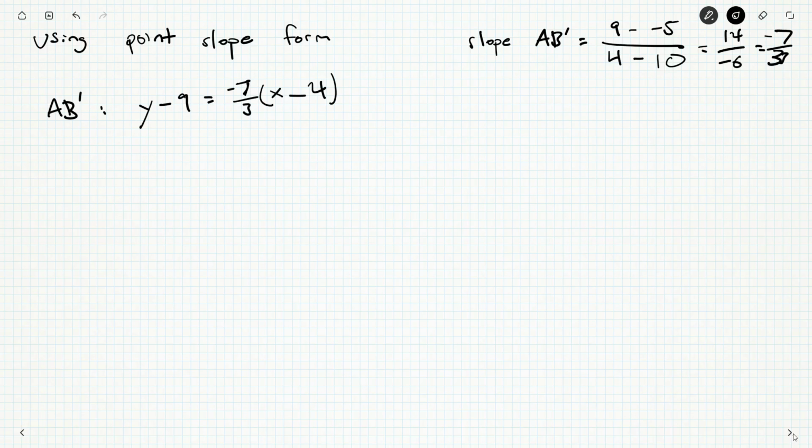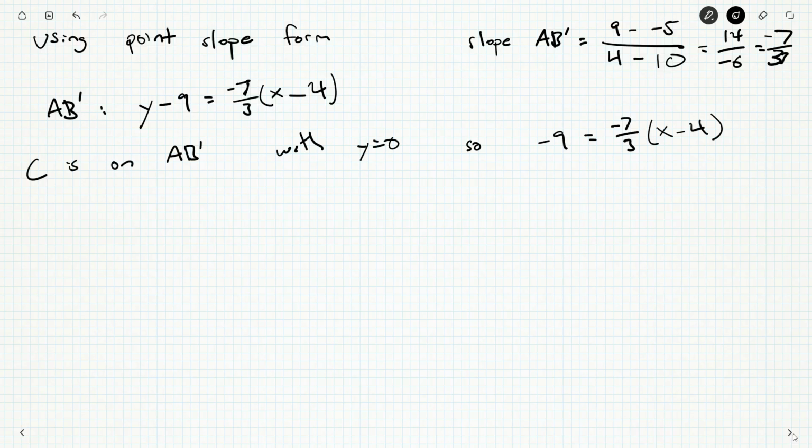Alright, so C is on AB prime with y coordinate 0. So negative 9 is negative 7 over 3 times x minus 4. Multiply by 3, we get negative 27 is negative 7 times x minus 4.